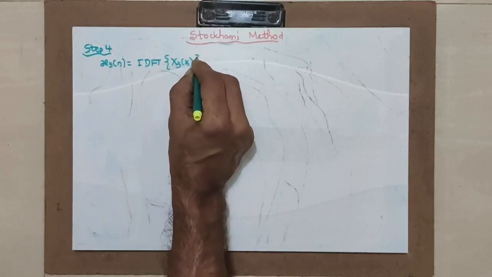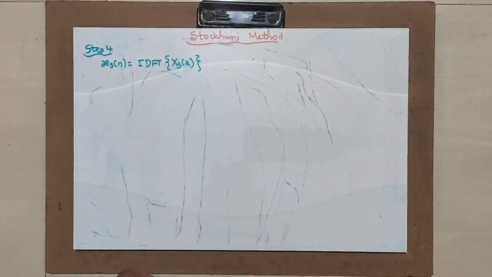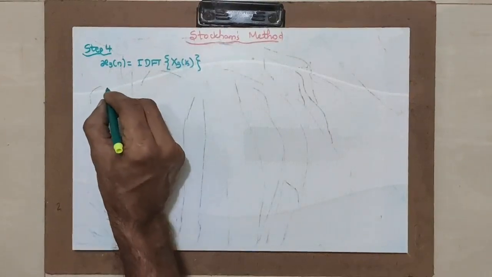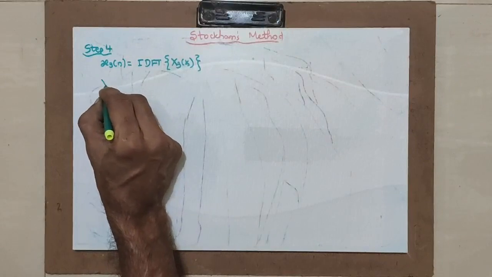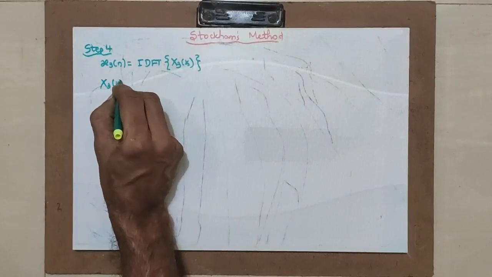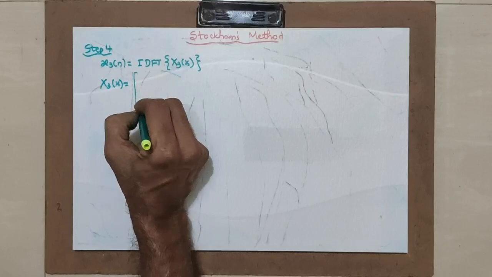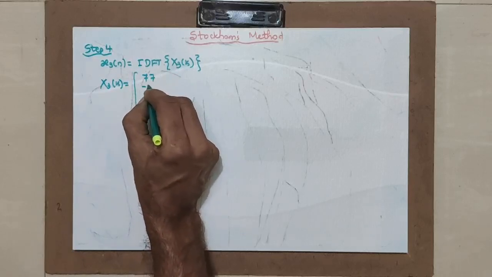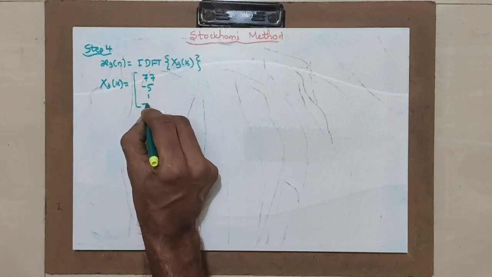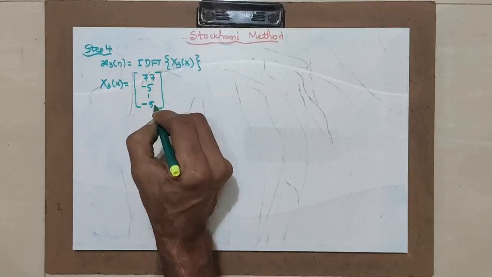What is X3(k)? X3(k) is the multiplication of X1 and X2. You already got X3(k) on the previous board, that is 77, minus 5, 1 and minus 5.